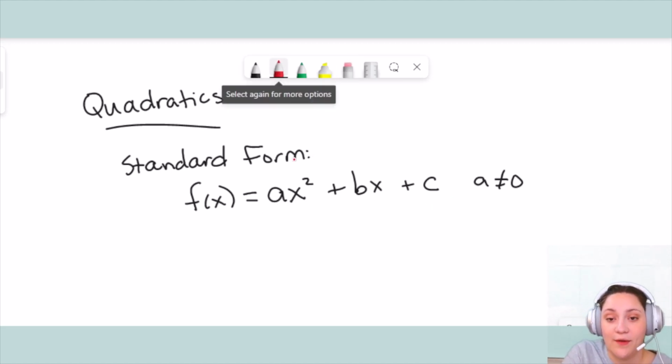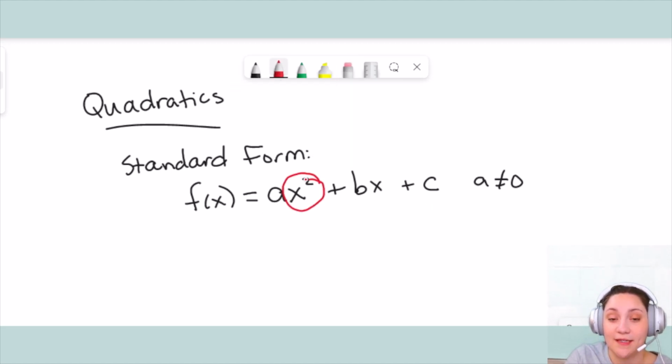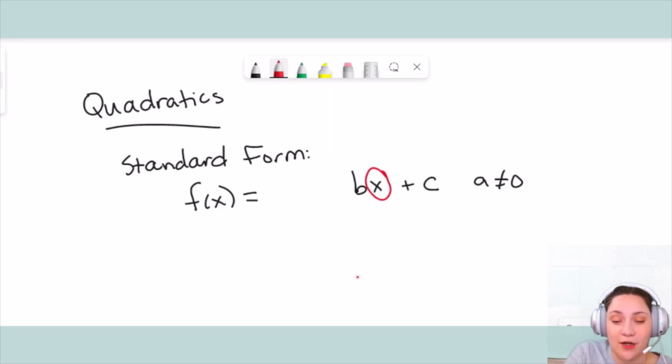And recall that when the highest degree term is squared, that's what makes it a quadratic. So if we didn't have the squared term here, and we just had a first degree term, then this would be a linear function.